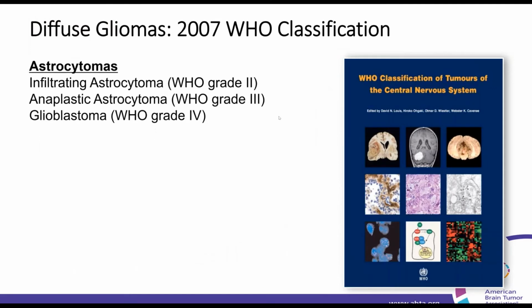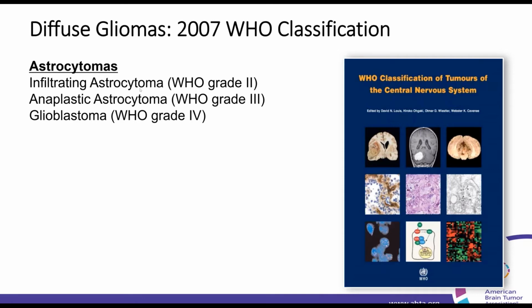And like I said, we used this up until the 2007 classification by the World Health Organization, which didn't change until 2016. So we used that classification essentially until 2015. And we classified tumors by the way they looked under the microscope.